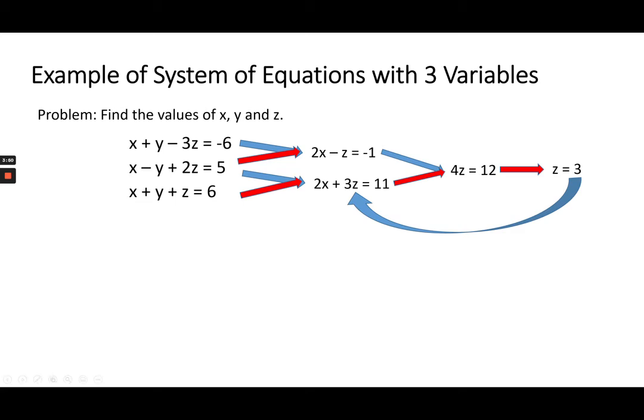I will now substitute z is 3. 3 times 3 is 9, minus 9 on both sides, you have positive 2, divide both sides by 2, and you found your second variable. X is equal to 1.